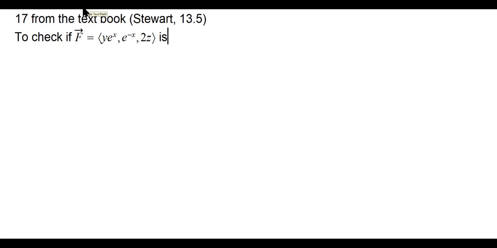One test would be to compute the curl of F. If that is 0, then it will be conservative, and if that is not equal to 0, we know it's not conservative. That we know for sure.